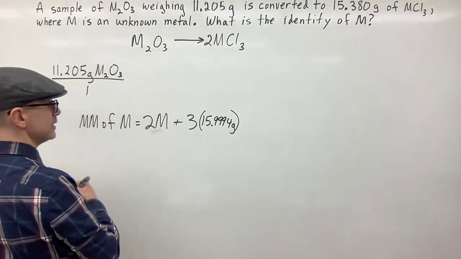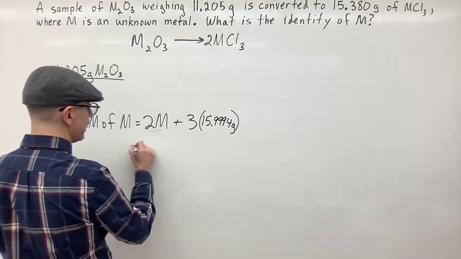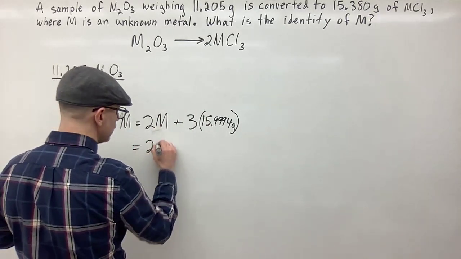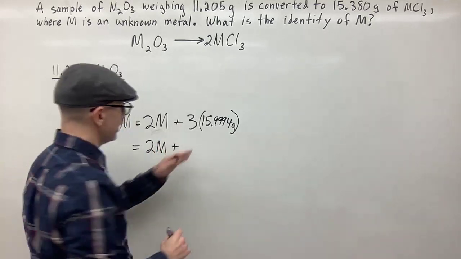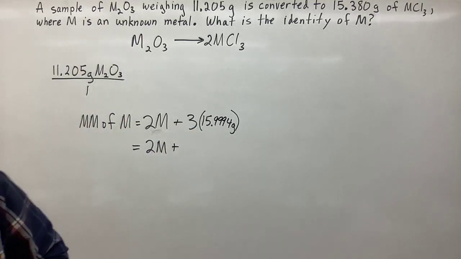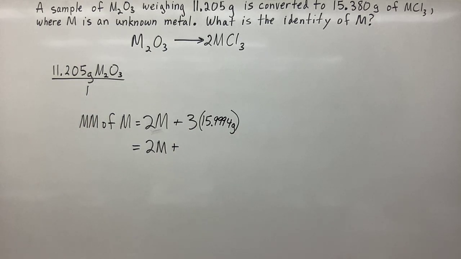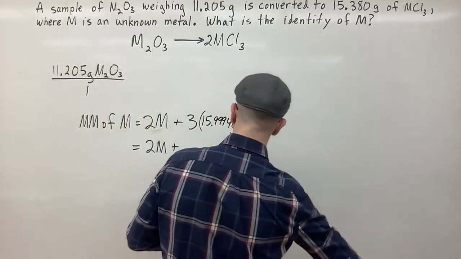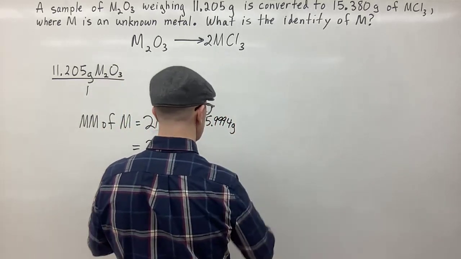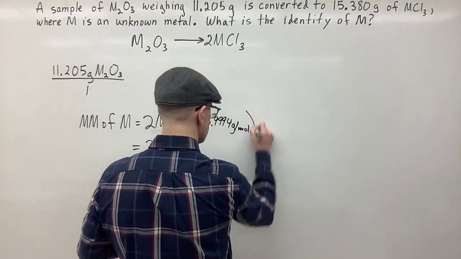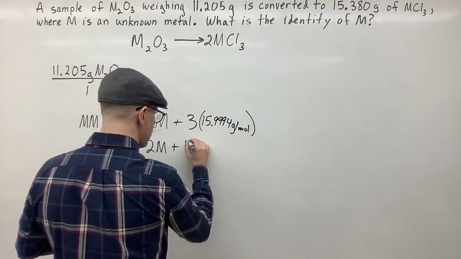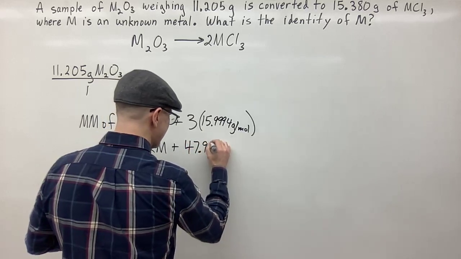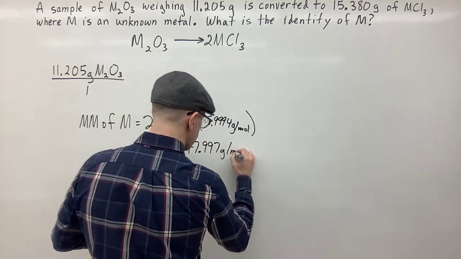And so when I calculate this, what do I get? I get the molar mass of 2M plus, and then 3 times that, I get 47.997 grams per mole.